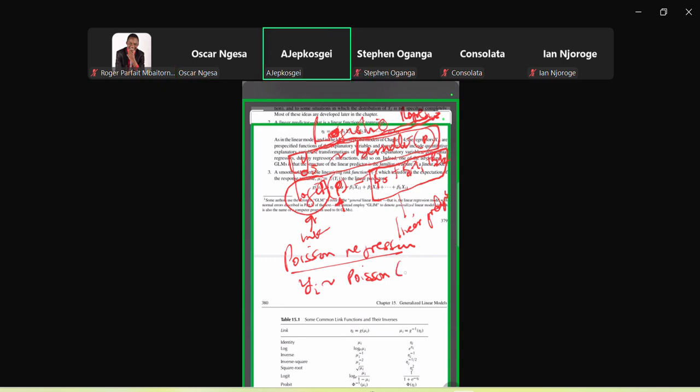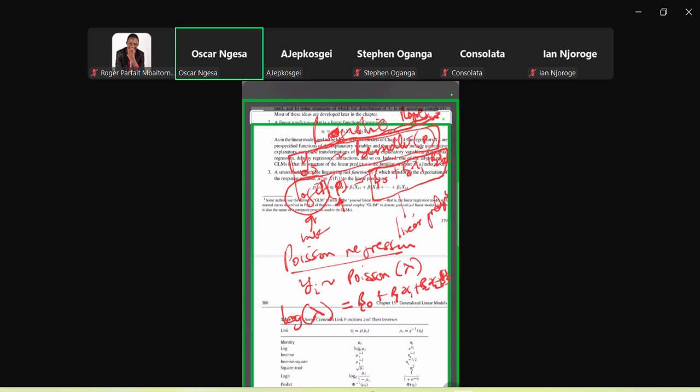Lambda. What is the mean and what is the variance? Lambda, both of them. But we need to put the linear predictor part. So beta naught plus beta 1 x1 plus beta 2 x2 plus beta 3 x3 is equal to log of lambda.